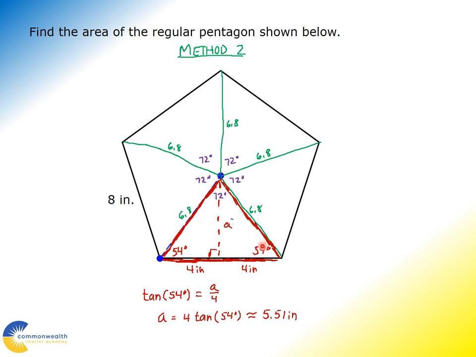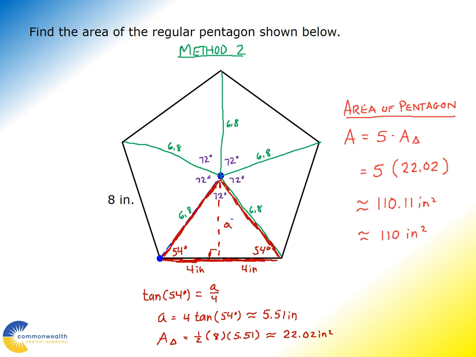I know these 2 angles have to be congruent because the 2 sides opposite them are congruent. I can figure out that a is going to be 4 times the tangent of 54 degrees, which is going to be about the same amount. And then the area of the triangle down here is going to be 1/2 times 8 times 5.51. And then, of course, I can multiply it by 5. I get about 110 square inches.